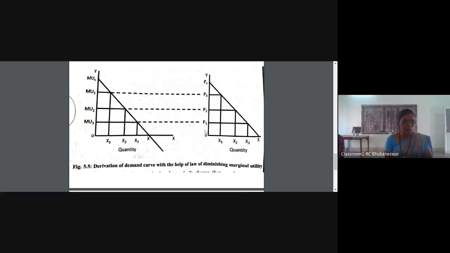Next, in the right side diagram, because of that we draw a demand curve. At X1 quantity, the marginal utility of the good is MU1, which is equal to P1. When X2 quantity is consumed, the marginal utility is MU2 and the price is P2. When the consumer consumes X3, he gets marginal utility MU3 and the price is P3.